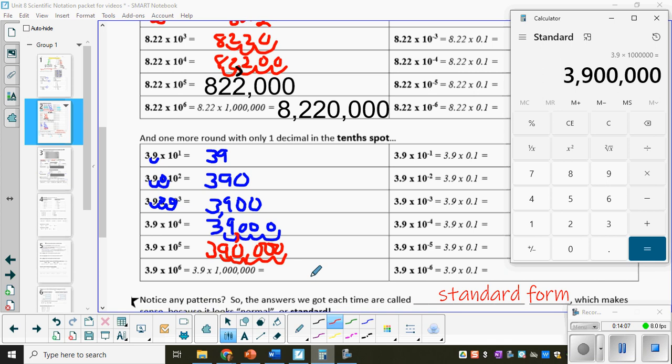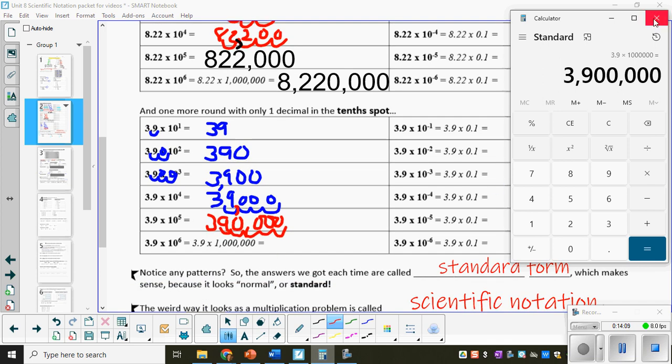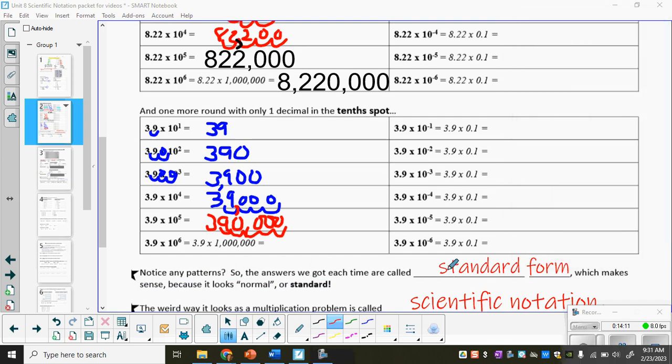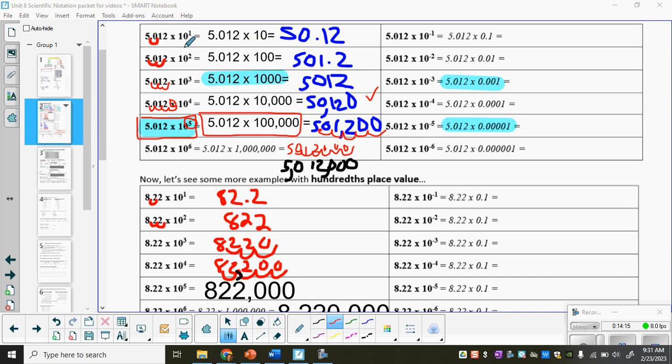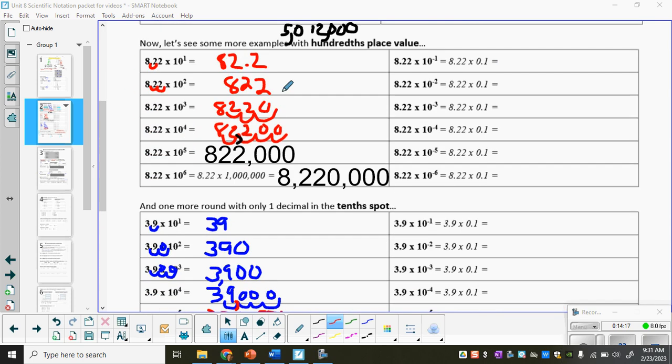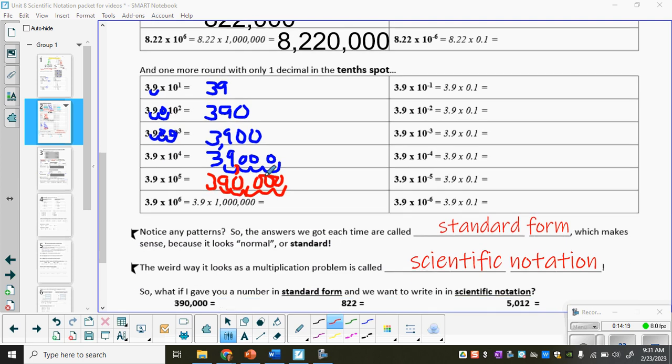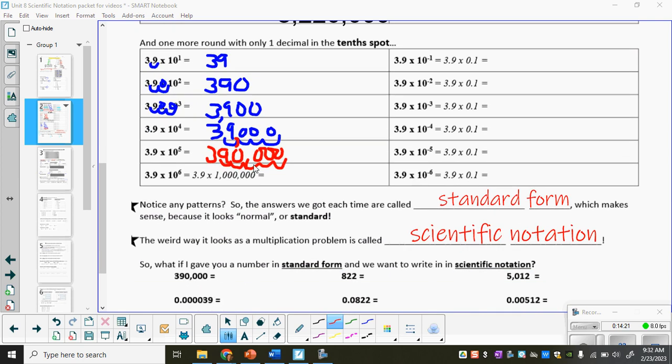So the answers that we've been getting each time, y'all, here with the pattern, these answers are called standard form, which just makes sense because now we've been going from this weird looking multiplication problem to just telling me the answer. Like you're literally just telling me what the answer is of this multiplication problem, and that's just called standard form. And so the actual multiplication problem that looks weird here with the exponent, that's the new vocab word for today, and that's the thing that's called scientific notation.